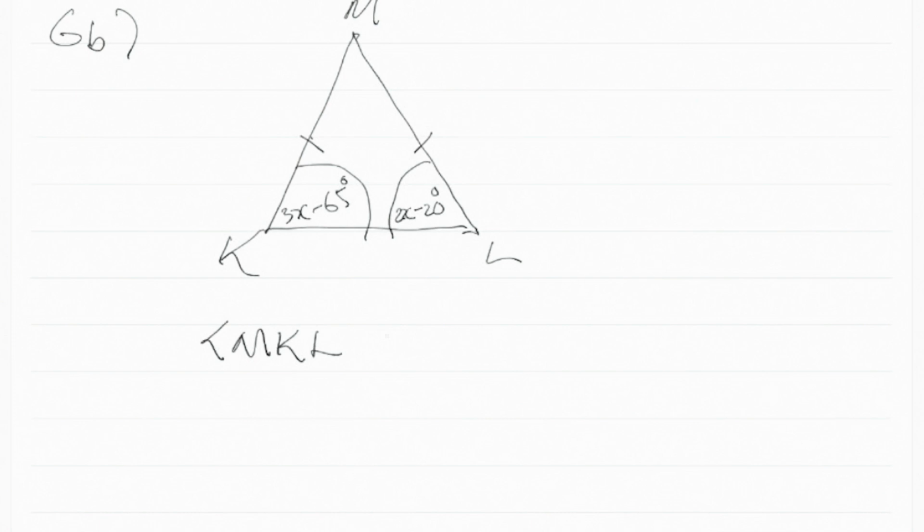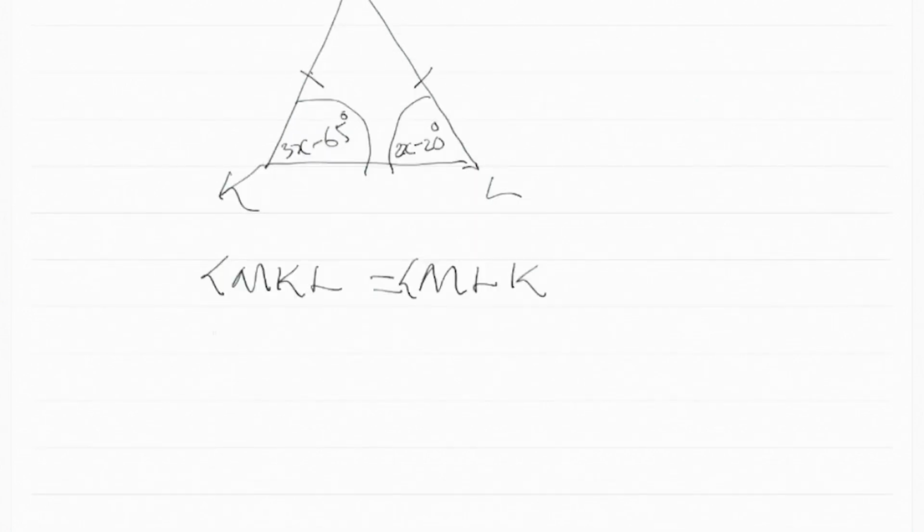Now, if the two sides are equal, and as we've been told that the angle MKL is equal to the angle MLK, it simply means that you need to equate these two angles. When you equate these two angles, then you can be able to solve for x. That is the only concept that you need to take advantage of. Let's move into the question.